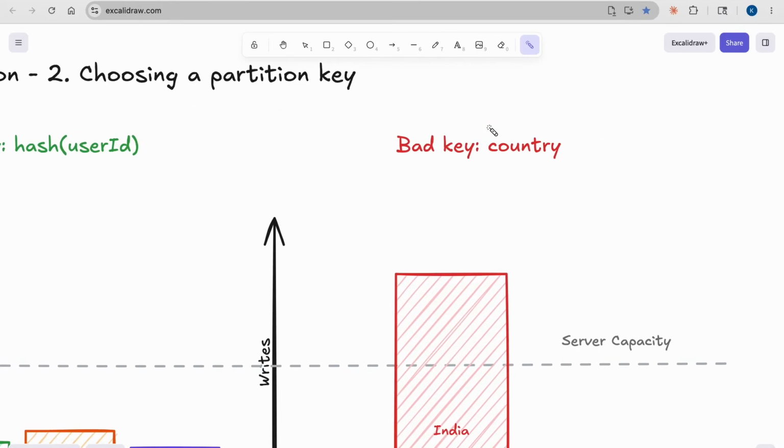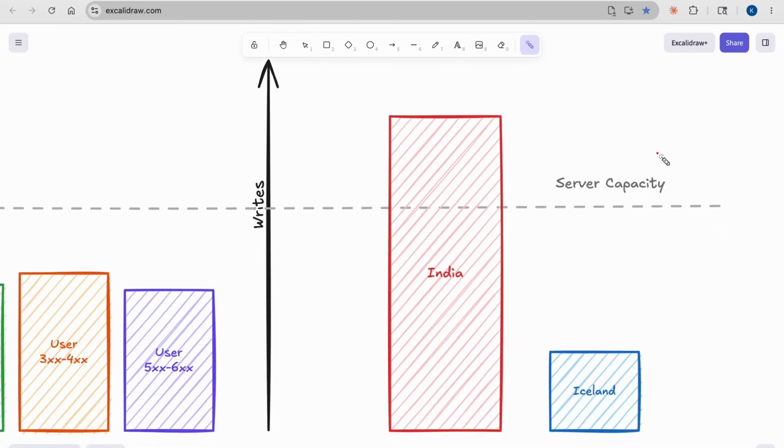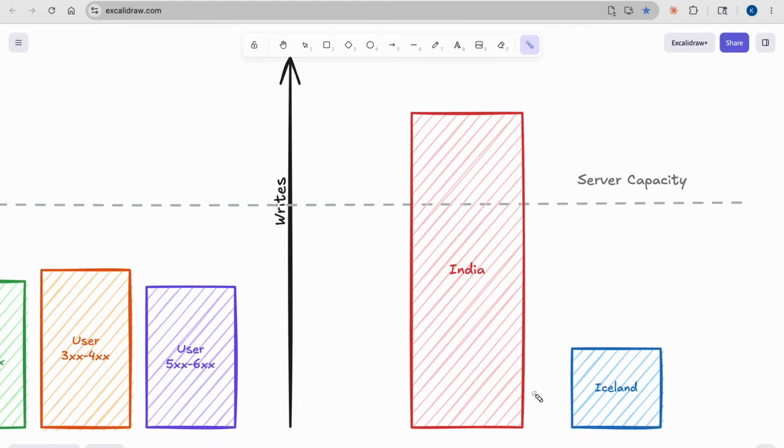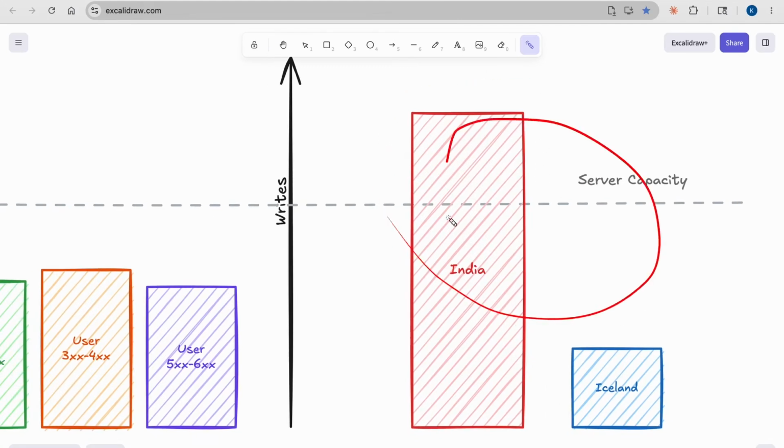The situation is straightforward: we end up with a lot of writes going to populous countries like India and China, and very few writes going to very sparse countries like Iceland. This bombards a few servers, they become the bottleneck, and it throws us back to the same problem.